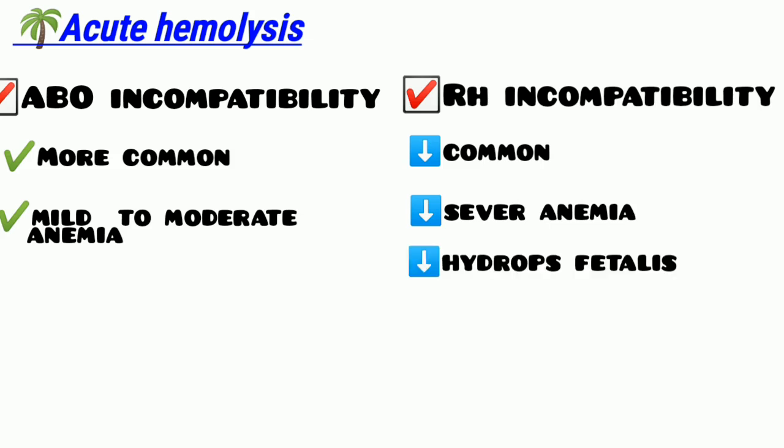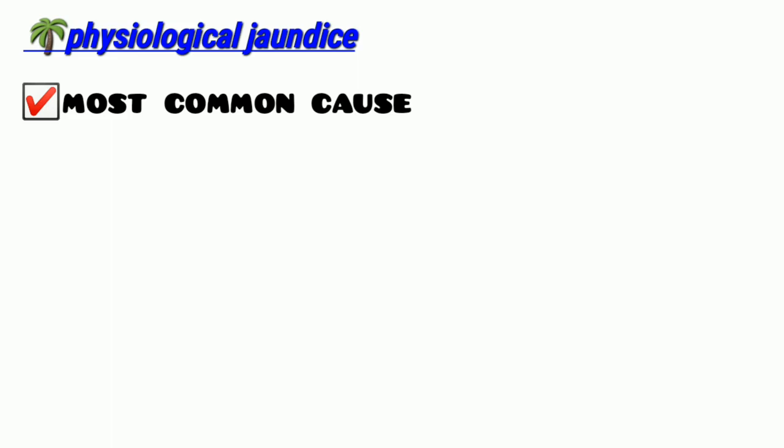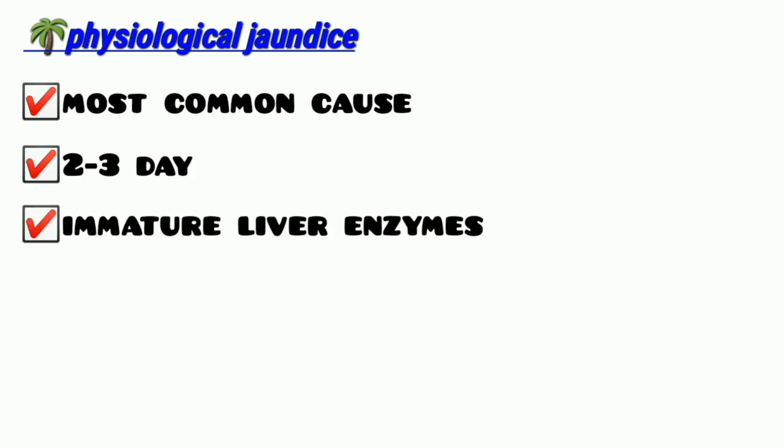The second cause of early onset neonatal jaundice is physiological jaundice. Actually, physiological jaundice is the most common cause of neonatal jaundice. Usually it appears at the second or third day of life. The cause may be the immaturity of the enzymes inside the liver, specifically the glucuronyl transferase enzyme, which is responsible for conjugation of bilirubin with glucuronic acid.